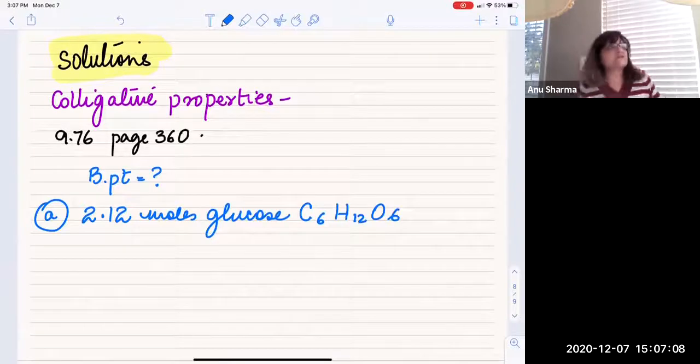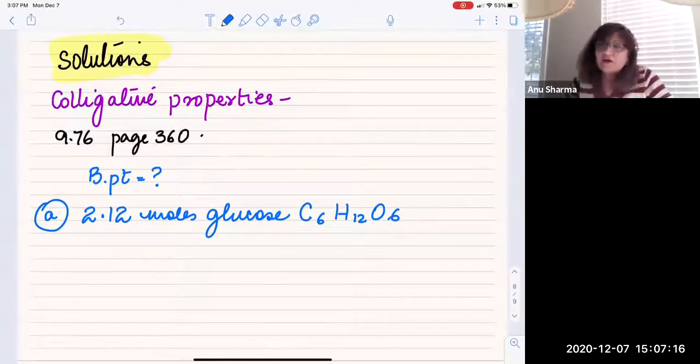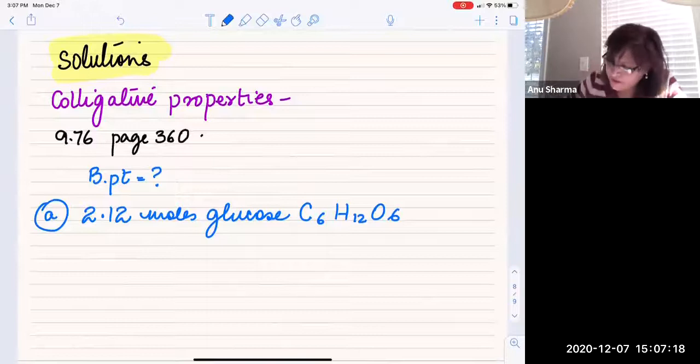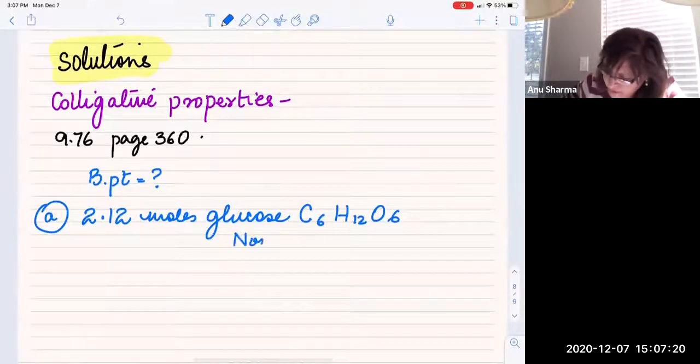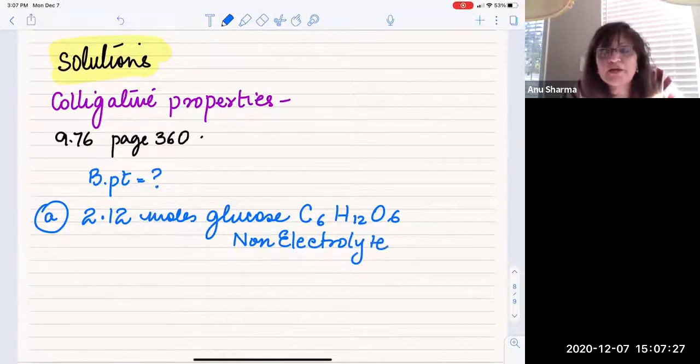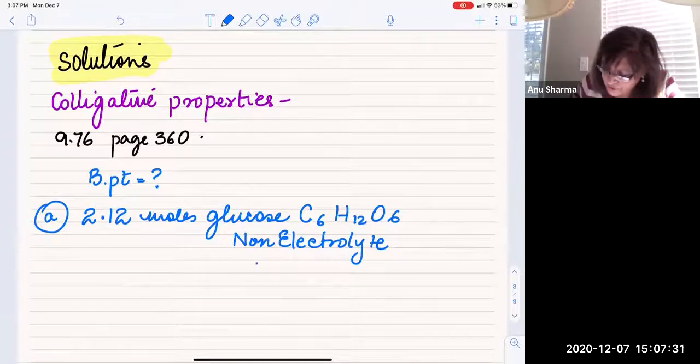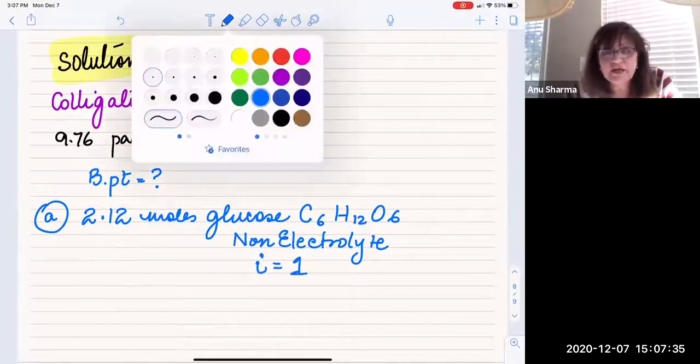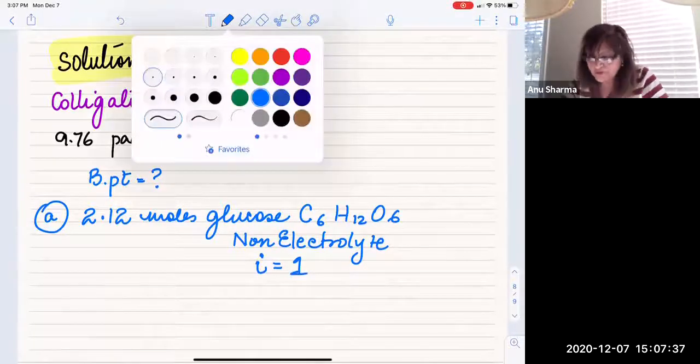Remember, electrolytes are those that ionize in the solution, and non-electrolytes will not ionize in the solution. So for non-electrolytes, the value of i is always going to be 1, even though they don't ionize, but that's what we give them, okay?